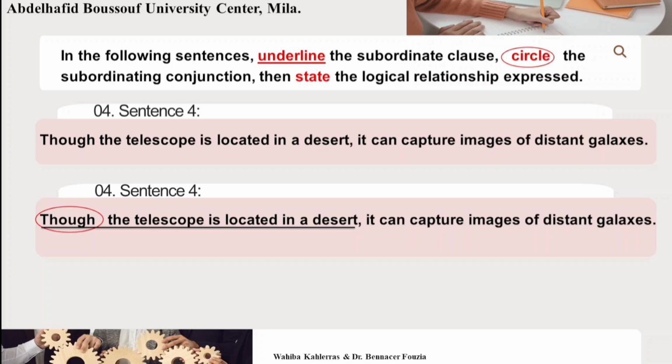When we find a subordinating conjunction, we're naturally going to find the subordinate clause because it is attached to it. What is left is called the main clause or independent clause. The relationship expressed here is known thanks to the subordinating conjunction used, which is concession.